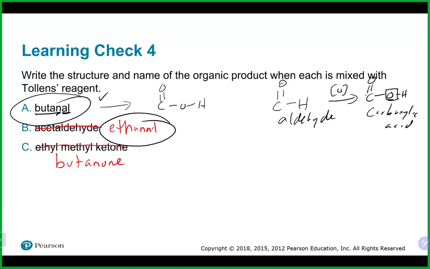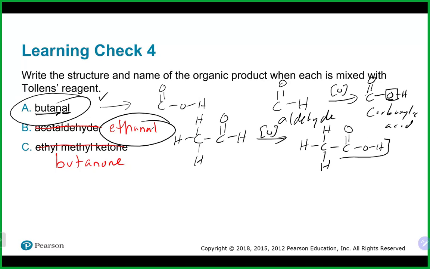This is also an aldehyde. This is one we drew already. That is this guy. This getting oxidized will basically be this guy, exactly the same, except just going to insert an oxygen to make my carboxylic acid group there. And that also should give me a positive test. How about butanone?